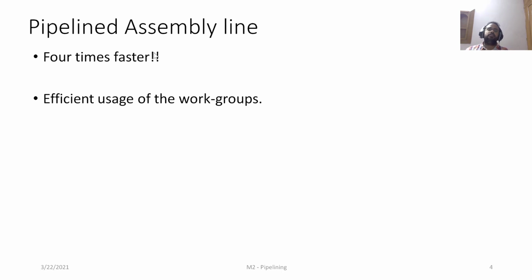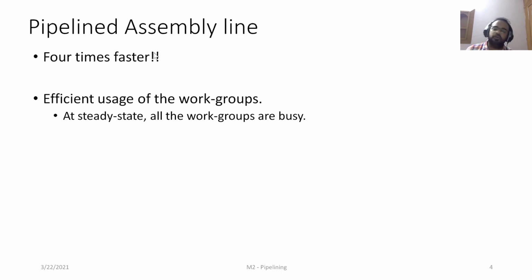And each of these parts would be having a dedicated set of workers, means there will be a group of workers who will be just building the engine, a group of workers who will be just building the body of the car, a group of workers who will be painting, and another group of workers who will be doing the testing of the car. So let's call them work groups. So all these work groups would be engaged all the time effectively, right?